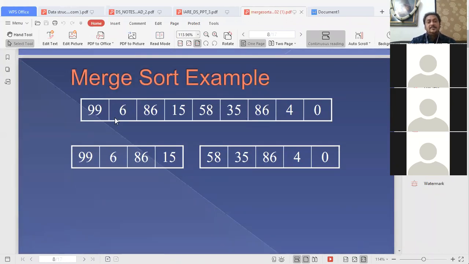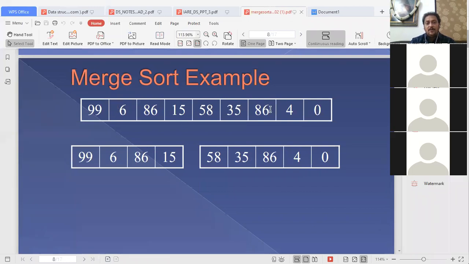Taking this as array A, this is A1 and the other subarray we can call A2.